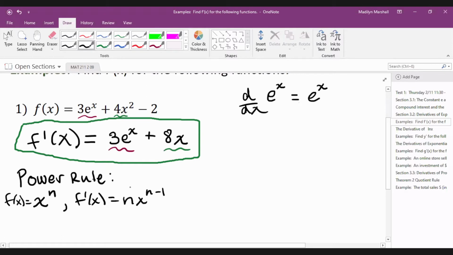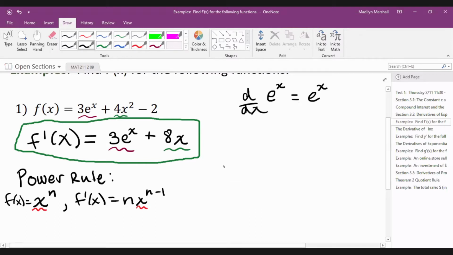So the power rule only applies when n is a fixed number. n has to be something like 2 in the above example, or 5, or it could be a half or something like this. But for the power rule, the x, our variable, is always the base of that thing. It's never in the exponent.